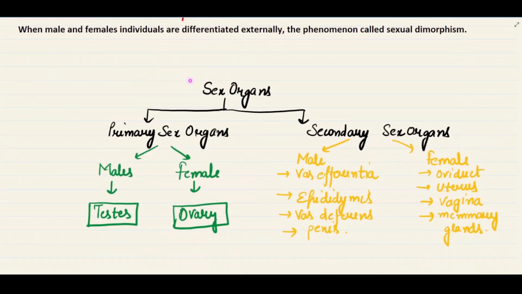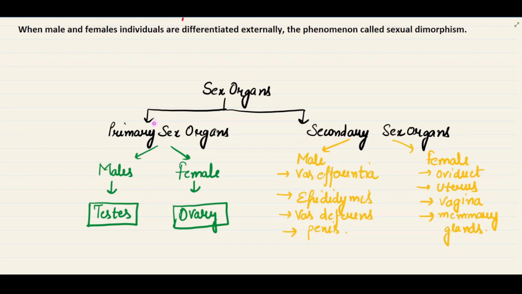As you can see here, the sex organs are divided into mainly two categories. First is the primary sex organs and second is the secondary sex organs. The primary sex organs are the organs which are involved in gamete formation.